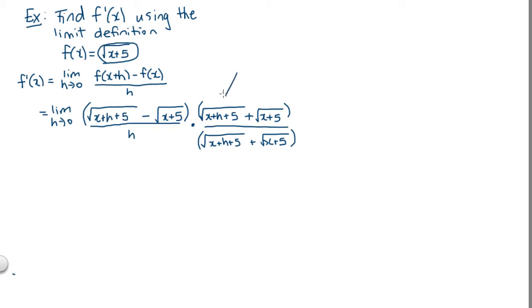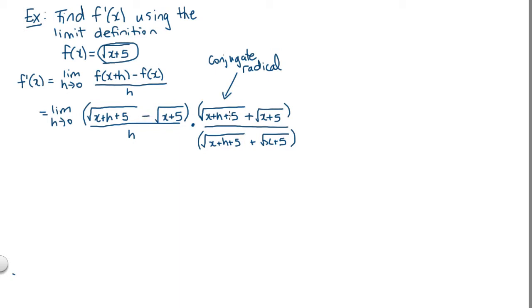So this guy here, as I mentioned before, is called the conjugate radical. Whenever our function f of x involves a square root, we're going to have an expression like this that has two different roots in it. And the conjugate radical is what you get just from recopying this original numerator and changing the sign in the middle.